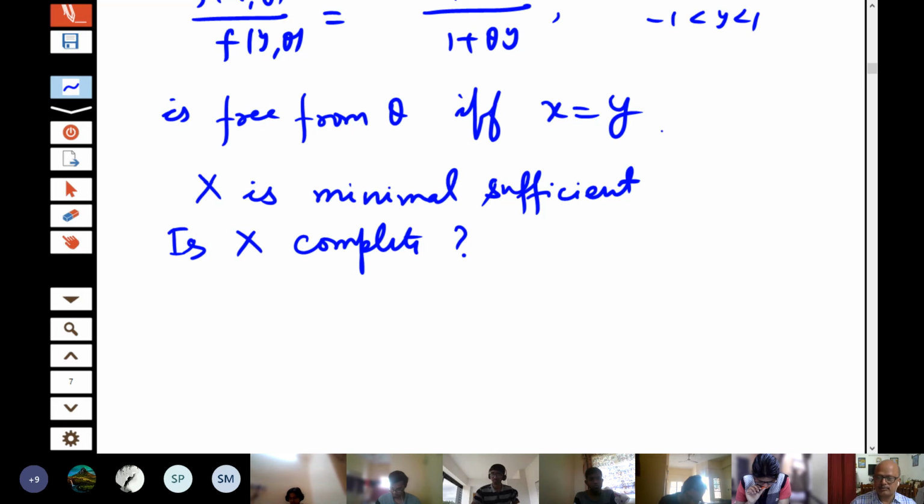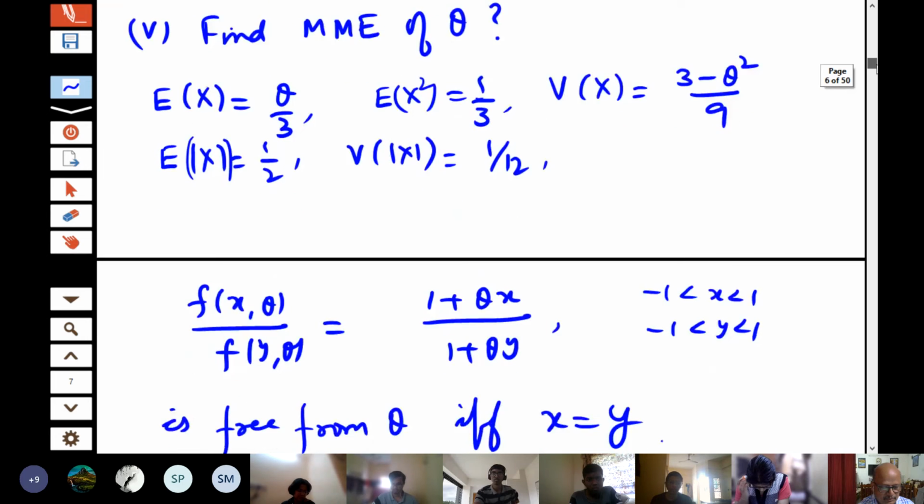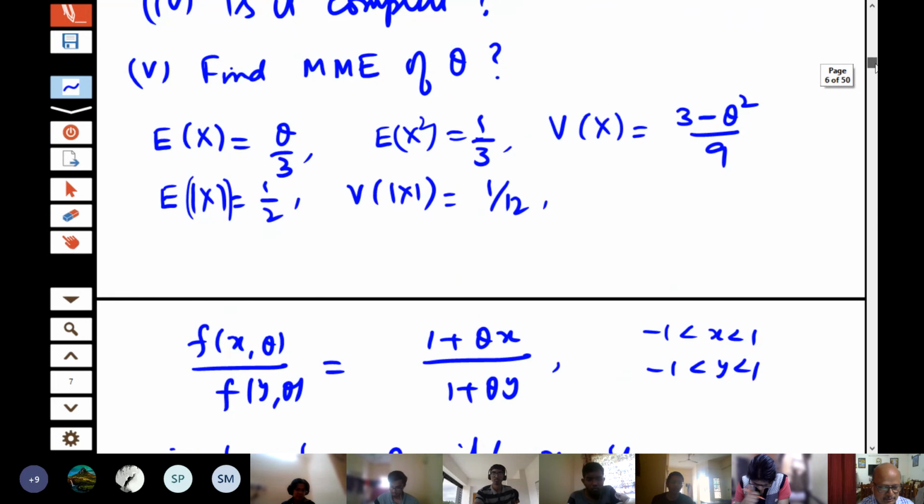Now looking at those calculations which you have done, can you answer this question about completeness? Does it help you to answer this question?